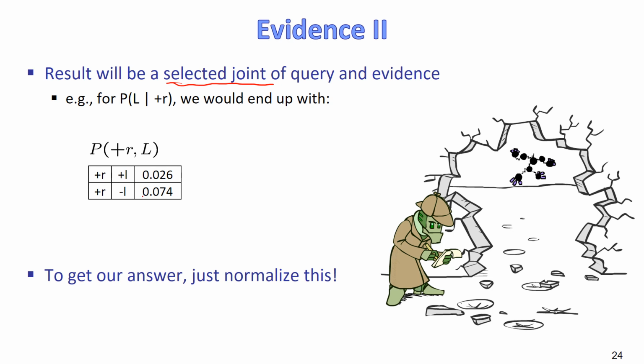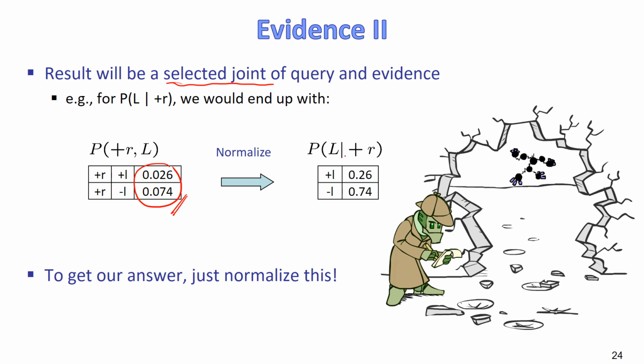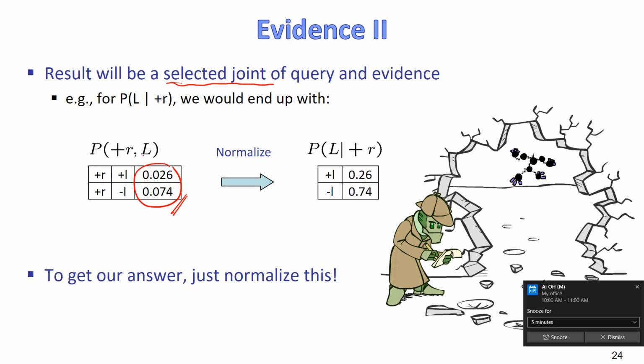How do we do normalization? We studied that before, right? So we'll just sum these two values and divide each one by the sum. So we'll get P of L given plus R. Why do we do this normalization? This is a joint probability of plus R and L. If you remember, P of L given plus R is equal to P of L and plus R over P of plus R. Where is P of L and plus R?